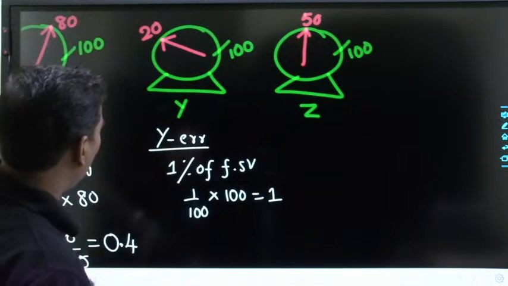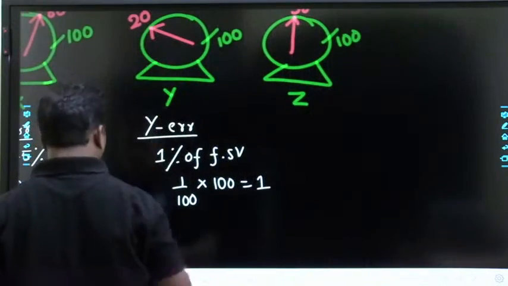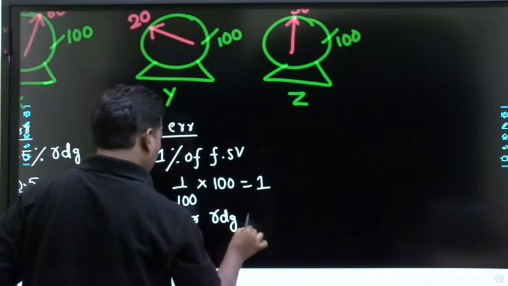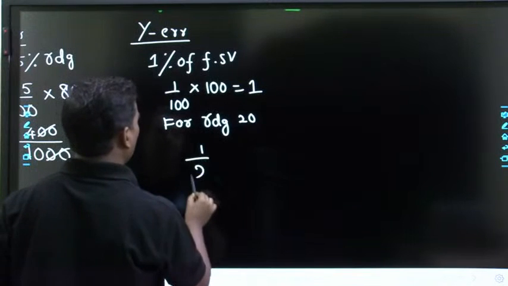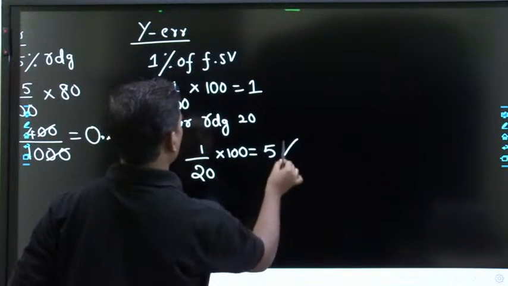This is for full scale value, but what is the reading? For reading 20, what is the limiting error? For reading 20, it will be 1 by 20 into 100, that will be 5%.